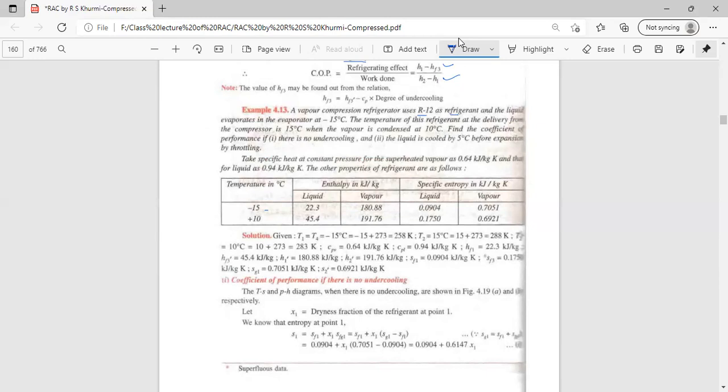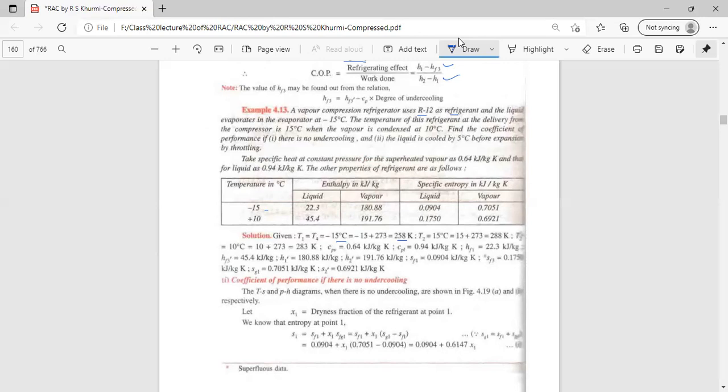Liquid evaporates at minus 50 degrees centigrade. So the lower temperature is minus 50 degrees centigrade. T1 is equal to T4, which is minus 50 degrees centigrade, so that is equal to 223 Kelvin. And T2, the higher temperature, is the temperature of the fluid after superheating, which is equal to 50 degrees centigrade.